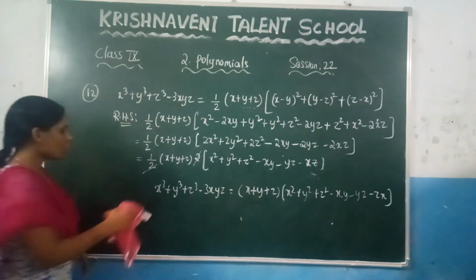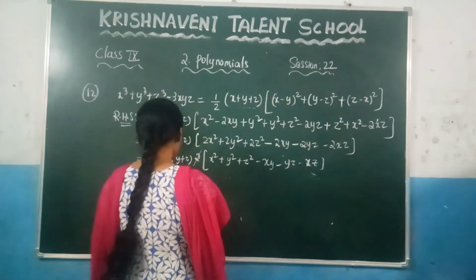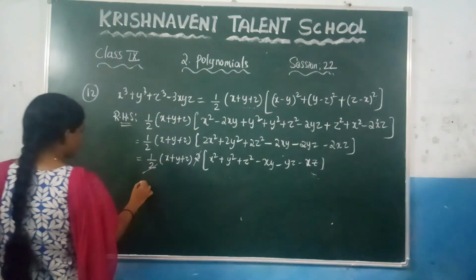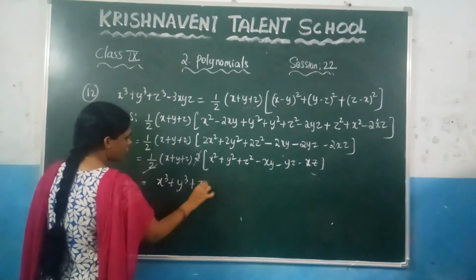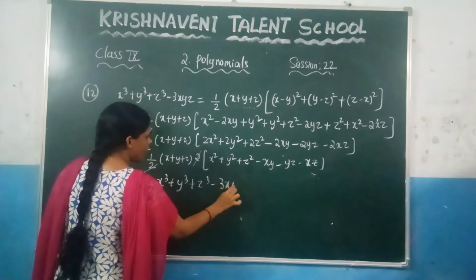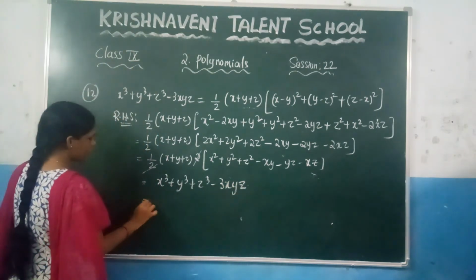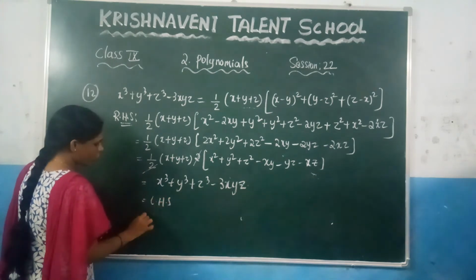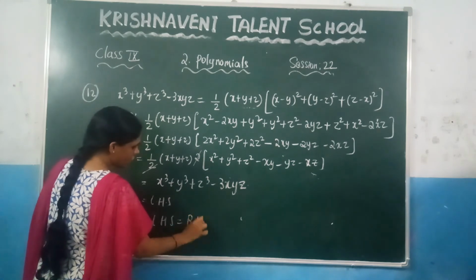So you can write this as x cube plus y cube plus z cube minus 3xyz. Right? This is nothing but the LHS. So we can say that LHS is equal to RHS.